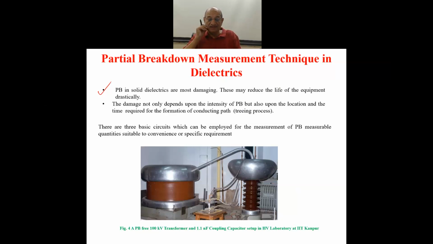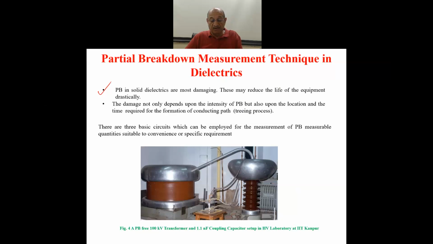If the partial breakdown is taking place at the ground electrode, it may not be that damaging as when it is taking place at the high voltage electrode where the maximum field intensity is there. And the time required, that is the duration for the formation of the conducting path, that is the treeing path, varies accordingly. Now, what is the essential requirement?